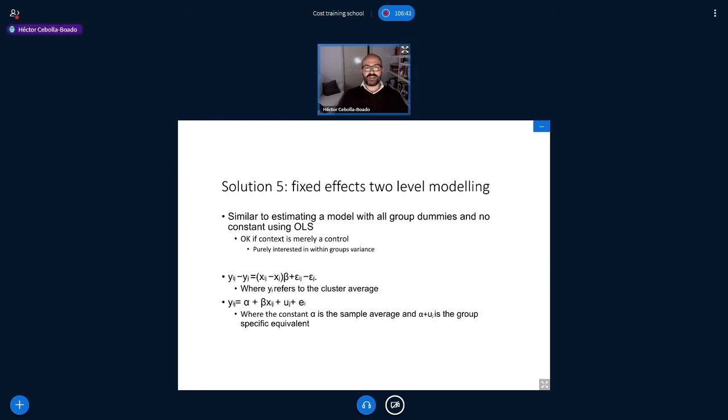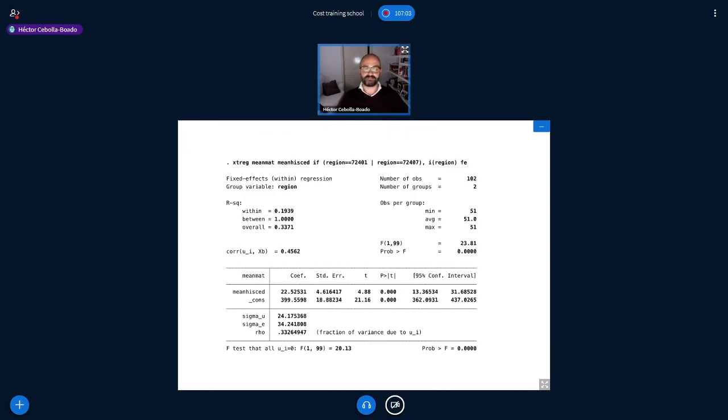Fixed effects modeling is basically incorporating in your model dummies for every country that you are interested in, or for every country that contributes to your data set.